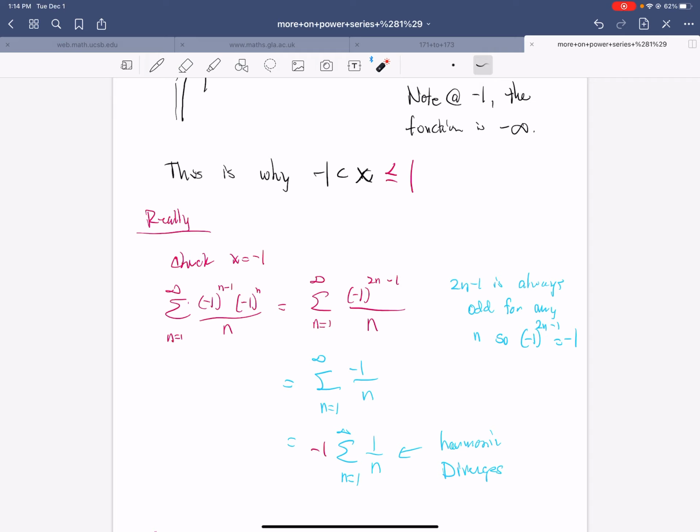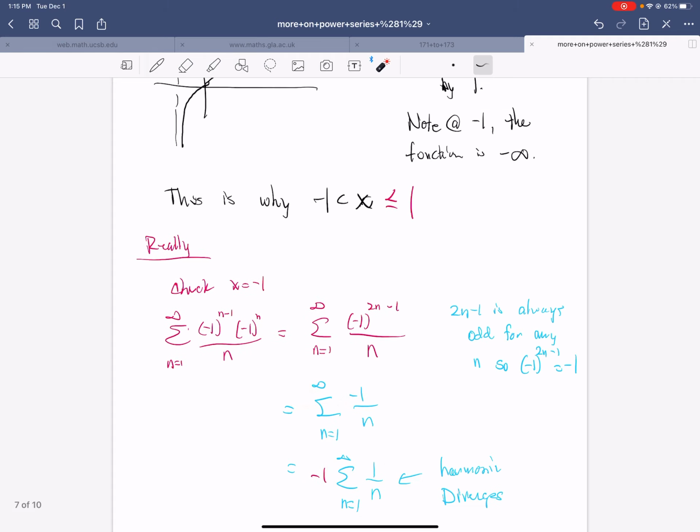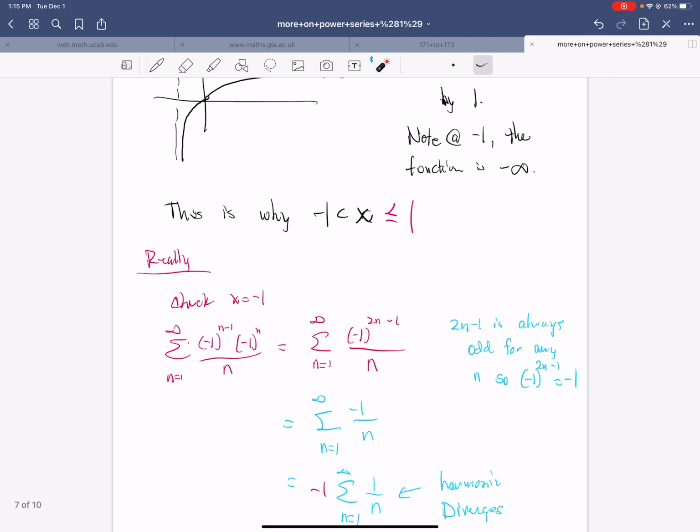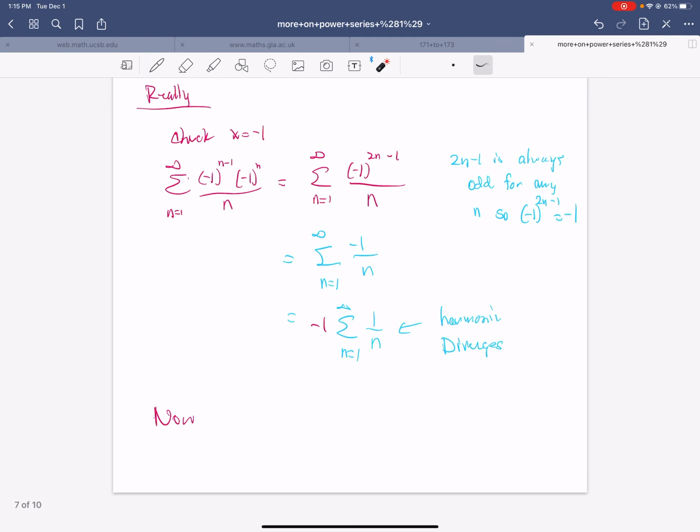And negative 1 to the 2n is always even, and negative 1 to an even is always positive. And so you're only going to get that negative 1 to the negative 1 power, which is negative 1. That negative 1 will pull out as a constant. This is the harmonic series, and the harmonic series diverges, and so at negative 1, it diverges, and that's why I don't have the equal sign there.